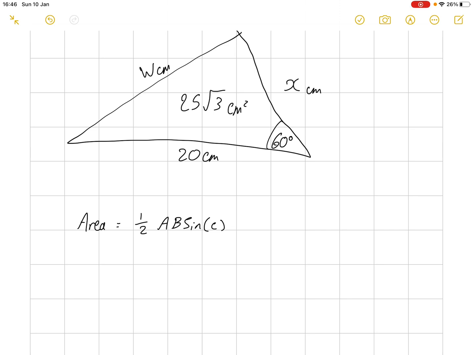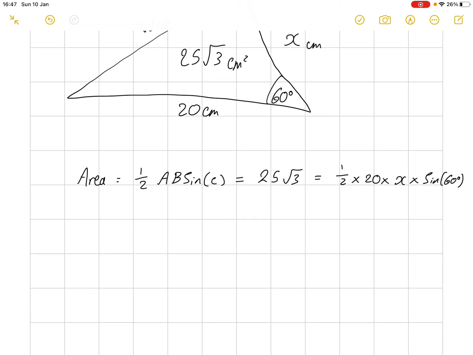So if I start putting things in, 25 root 3, the area, is equal to 1/2 times 20 times x times sine of 60 degrees.